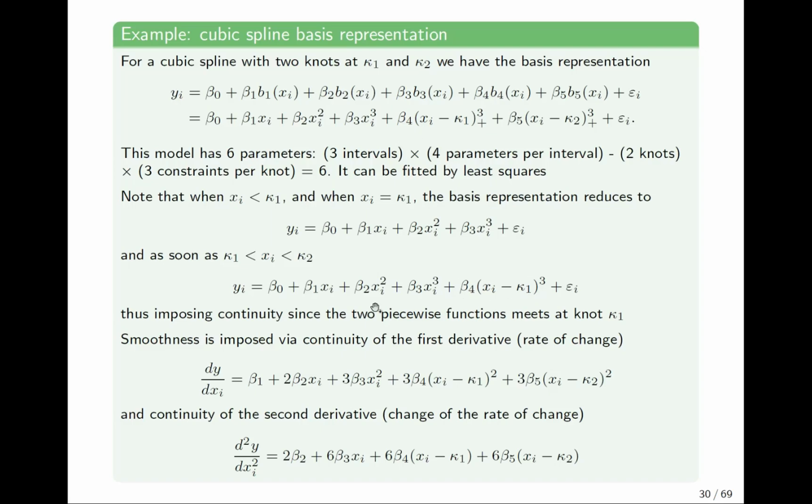And that's going to impose continuity, because those two piecewise functions are going to meet at the knot. That's how we impose continuity of the function. Continuity of the derivatives is going to be imposed because these expressions here, again, are going to meet at the knots. So the rate of change is going to meet at the knots because of these expressions here. And the continuity of the second derivative, the change of the rate of change, is going to be given by these expressions that meet at the knots, ensuring smoothness of the function.